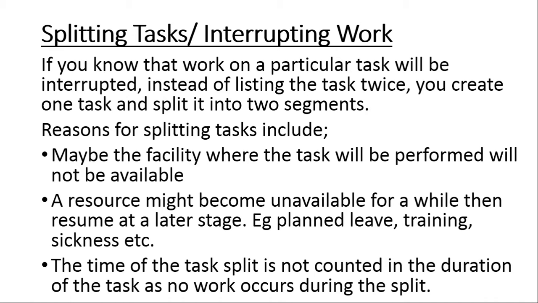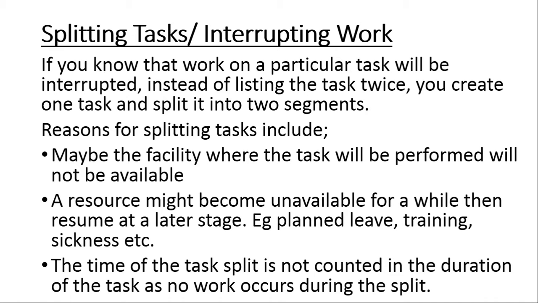So usually we need to split the tasks or interrupt the work when we know that one or more of our resources is not going to be available at a particular time during the execution of that task. It could be the facility, the building or machinery where that task will be performed is not going to be available, maybe for a day or two, even a week or a month.